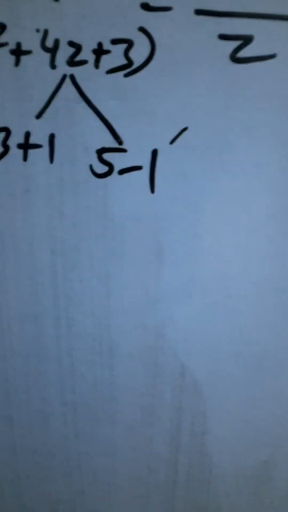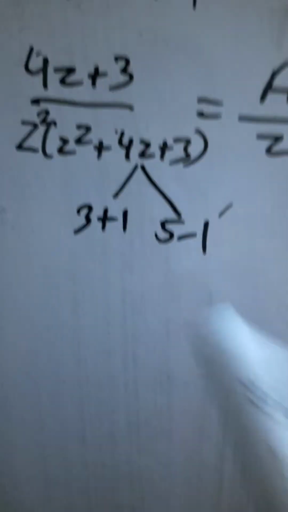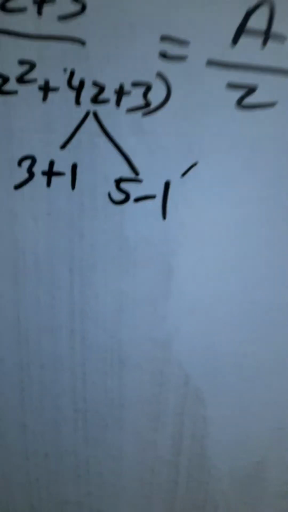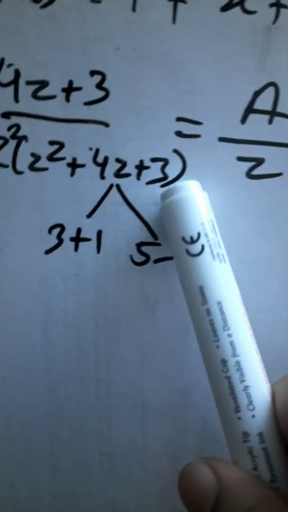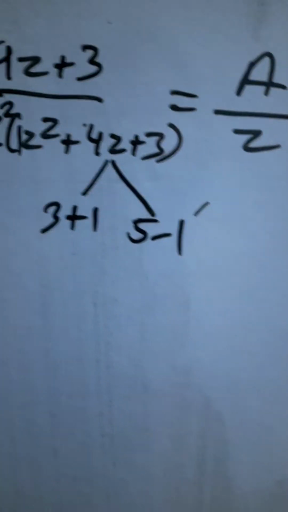If you don't find it in -1, then you go ahead. 3 plus 1 is also 4 and 5 minus 1 is also 4. But here we don't see 5, we see 3, so it is nearby 3. See, in C it is 3, in A it is 1. If I multiply C, which is 3, and A, here is nothing, so it is 1, because 1 into something is that only.